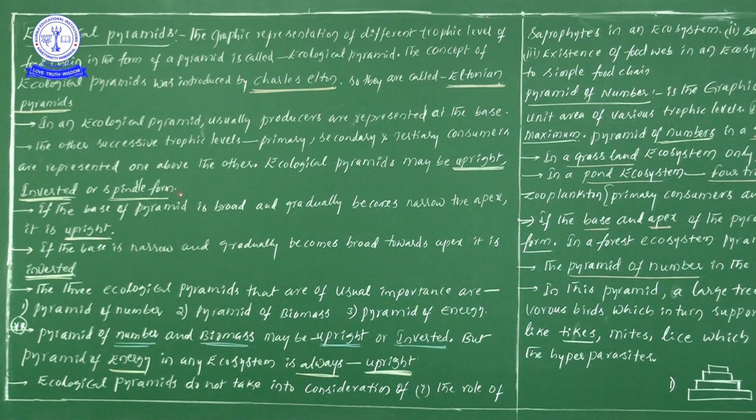Now, these ecological pyramids may be upright, inverted, or spindle form. When will it be upright? If the pyramid's base is broad and it is narrow at the apex while moving up, then the pyramid is definitely upright.